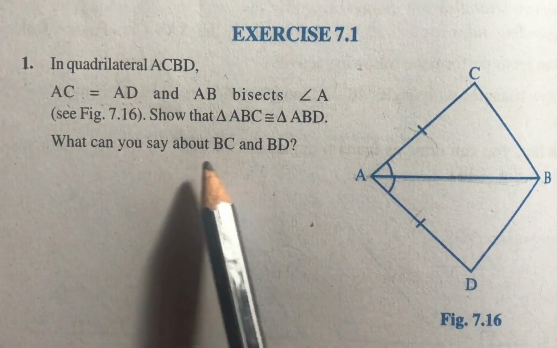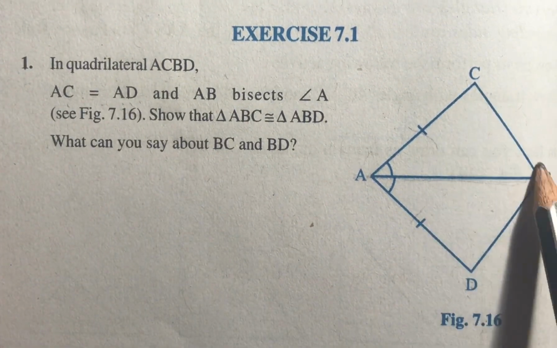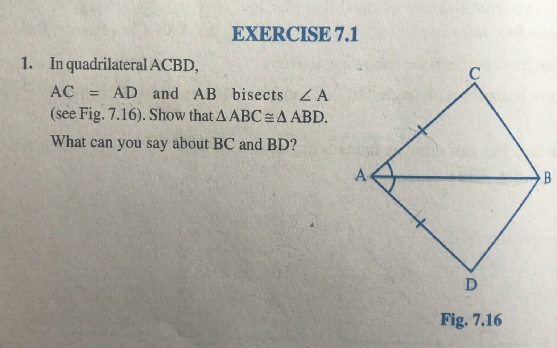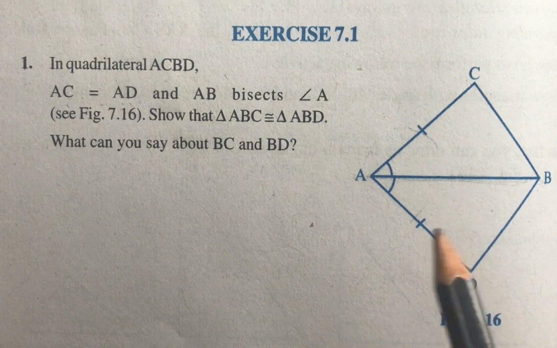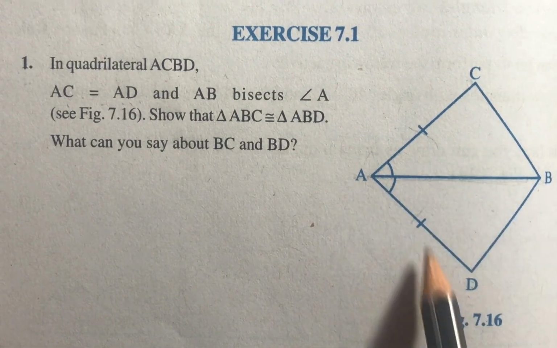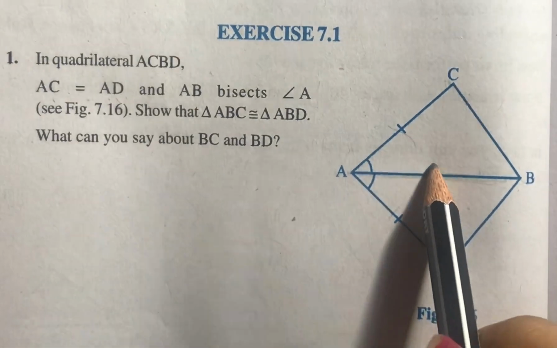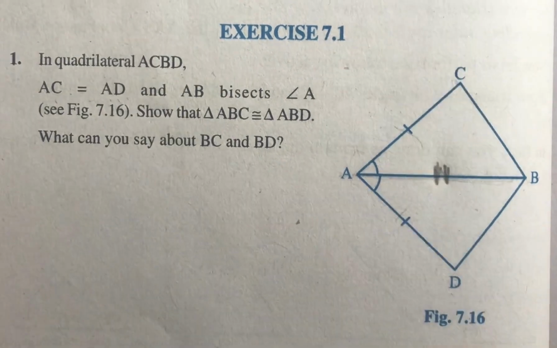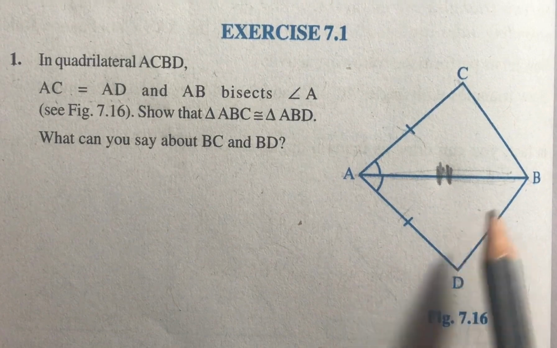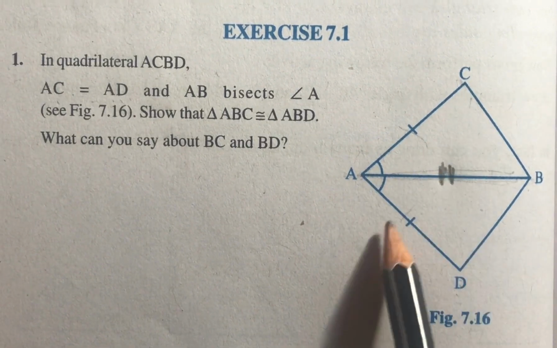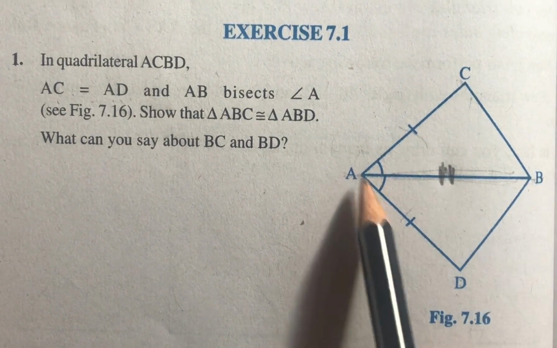What can you say about BC and BD? So we have to prove these two triangles congruent, that is ABC and ABD. AB is a common side of these two triangles, and also BAC is equal to BAD.